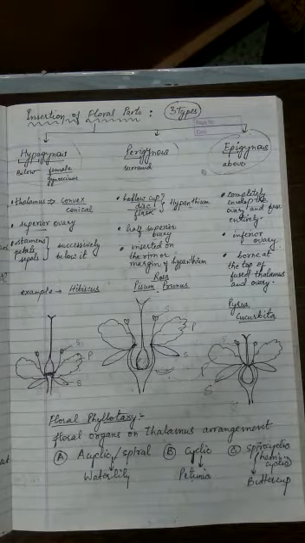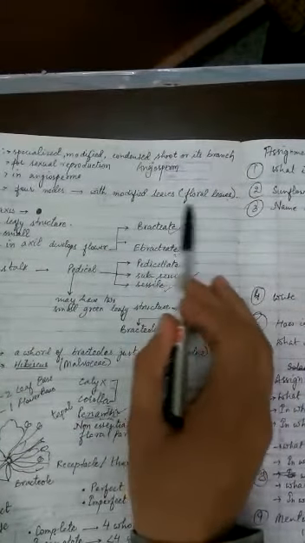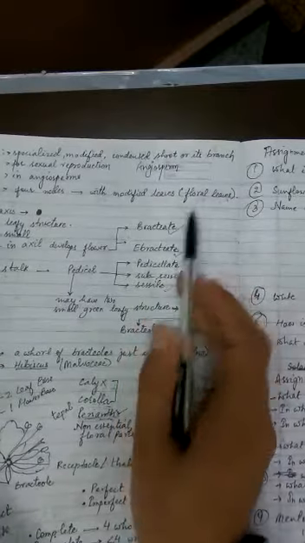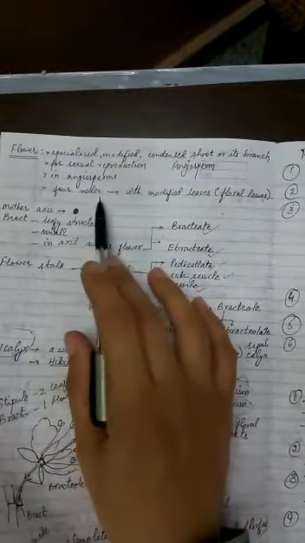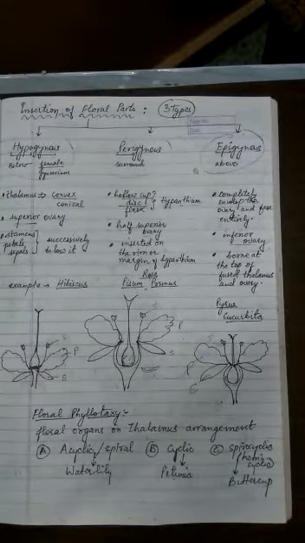In the same manner, because we have already learned that the sepals, petals, all of these structures are modified leaves, and they are attached at the nodes, they definitely will have a phyllotaxy, and that phyllotaxy is called floral phyllotaxy.